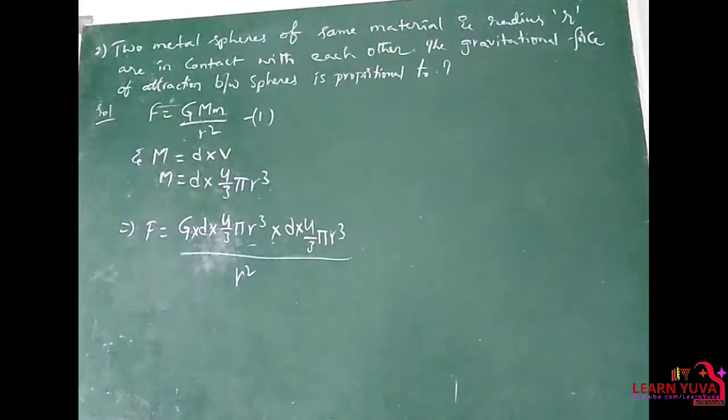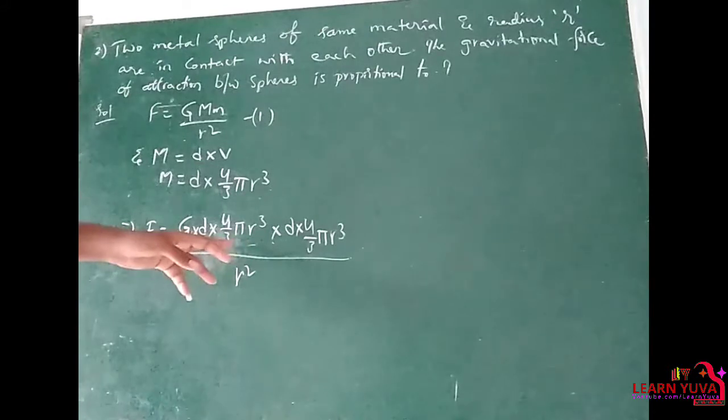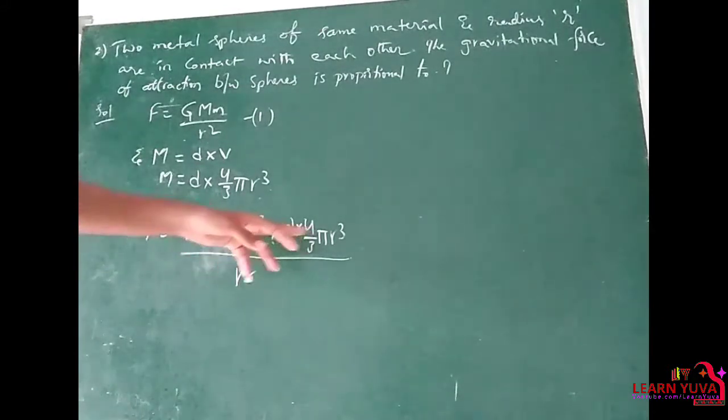Since the two spheres are made of the same material and have the same radius r, the masses are the same.